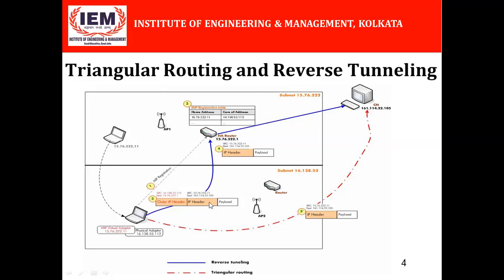And under this is another IP header, which is the inner IP header, and that includes two addresses. One is the source address. Who is the source address? The source address is the fundamental address, the basic address, that is the home network address of the mobile device.